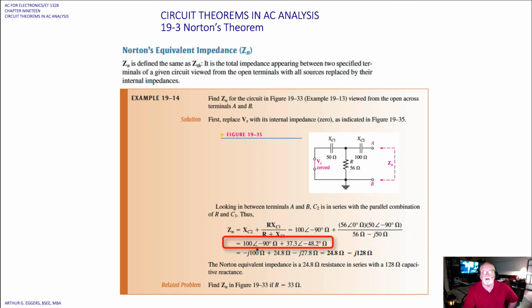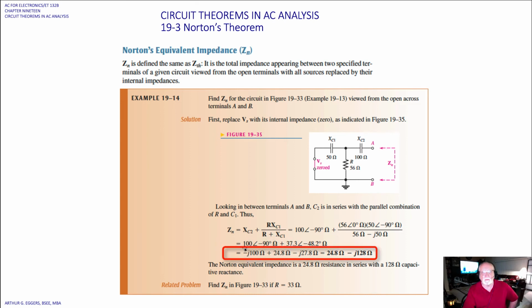We end up with 100 at minus 90 degrees in ohms plus 37.3 at an angle of minus 48.2 degrees in ohms. Put everything in rectangular form then, so now we convert 100 minus 90 becomes minus J100.